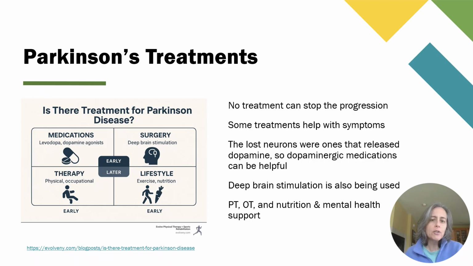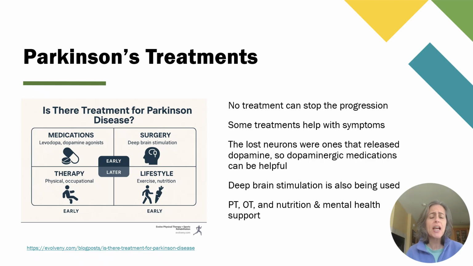They've also been experimenting with and having success with some deep brain stimulation, where they have a battery-powered device that they put inside your body, and there's a wire that goes up into your brain that then stimulates part of the basal ganglia to kind of do the job for you. That can also be very helpful.